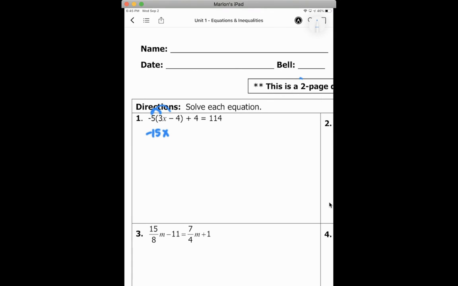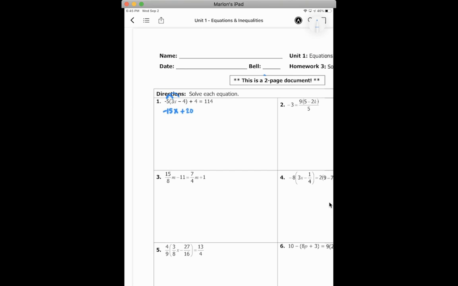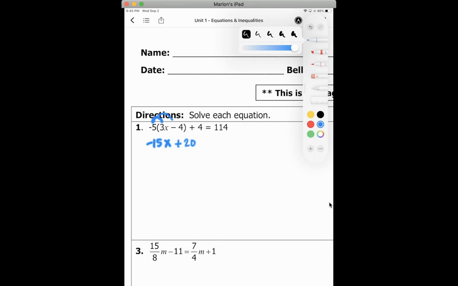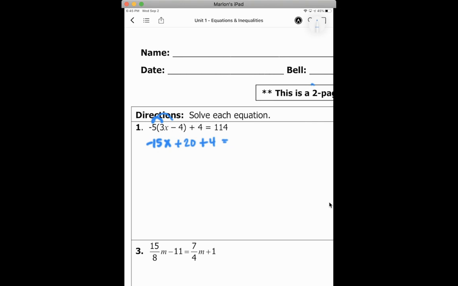And then negative 5 times negative 4 gives you positive 20. And let's just copy 4 equals 114.